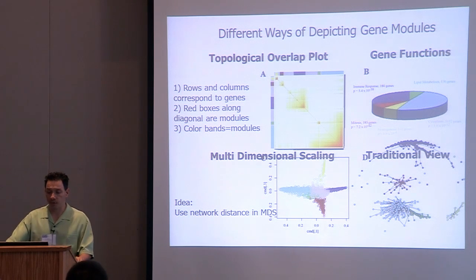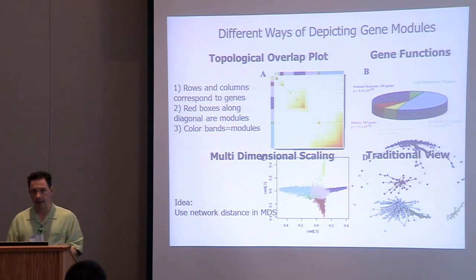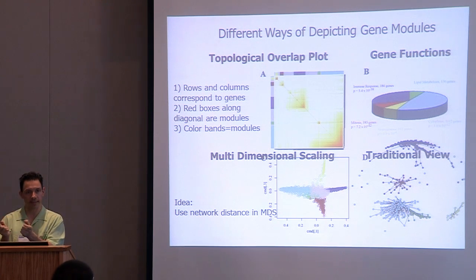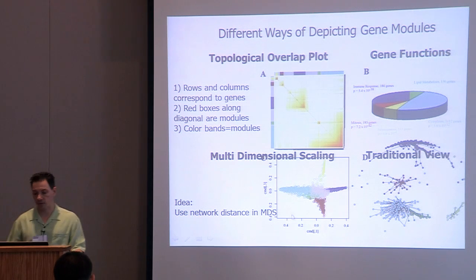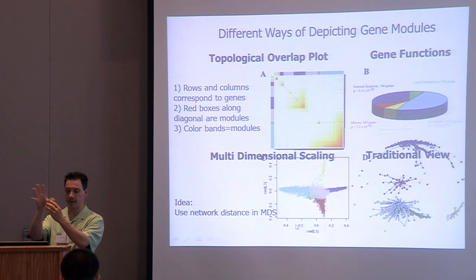To be more precise, multidimensional scaling takes as input the dissimilarity measure and translates it into Euclidean distances. And so here we visualize the same network, and each dot is, of course, a gene. And you notice the modules roughly correspond to the fingers of a hand.